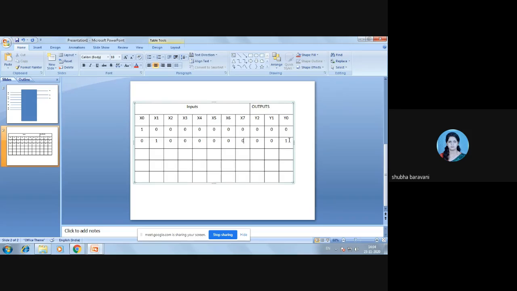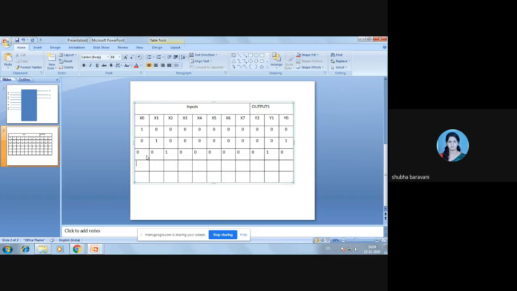Is that understood? Now am I clear, Sanya? Yes, ma'am. Now see, similarly, if your input x2 is high and other inputs are 0, your output would be 0 1 0.